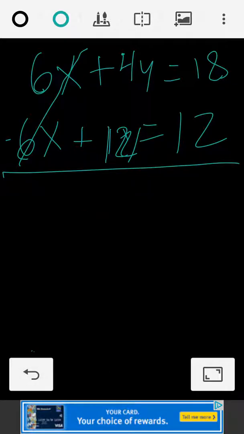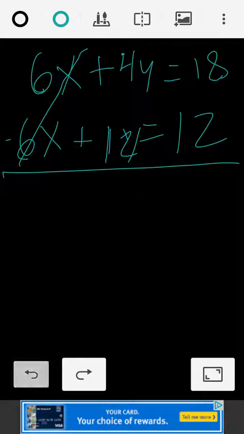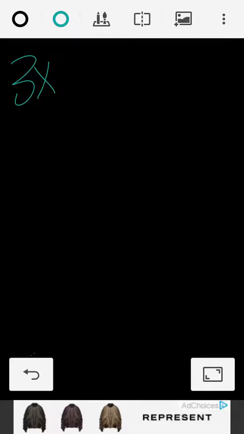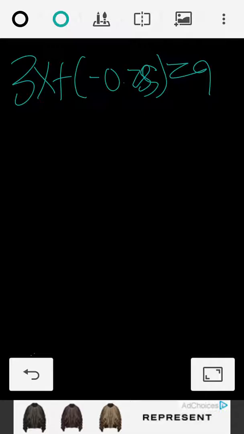Like I said earlier, you're not done. You've got to plug it back in, okay? So we're going to have 3x plus 2 multiplied by negative 0.75, equals 9. Oh sorry, I didn't put the 2 in there.